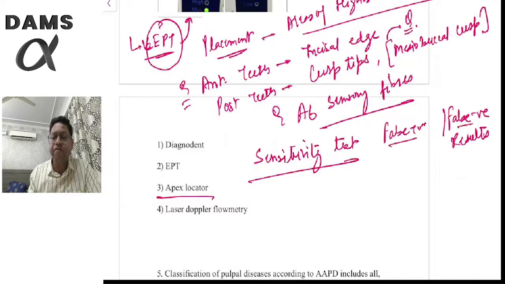So if we talk about the accuracy of the pulp sensibility tests, three principal pulp sensibility tests are there: cold test, heat test, and electric pulp testing.